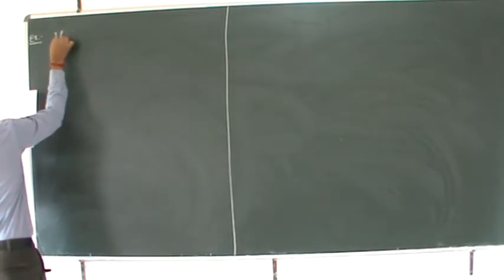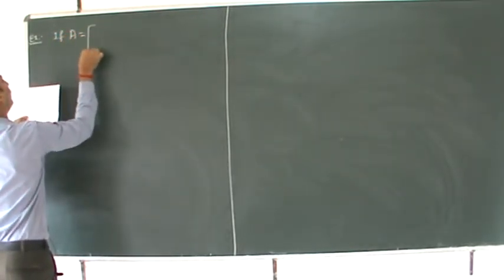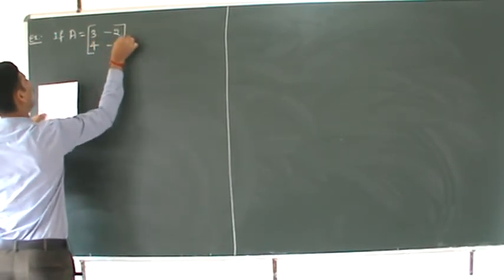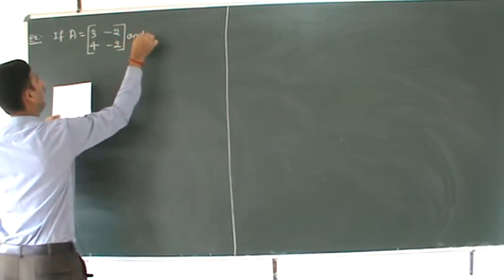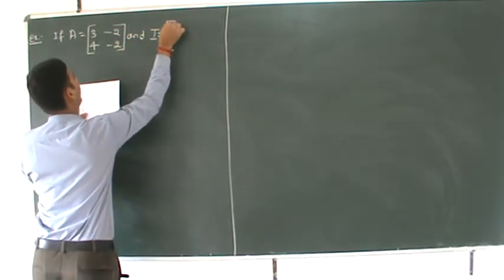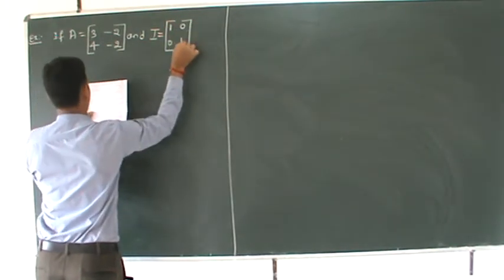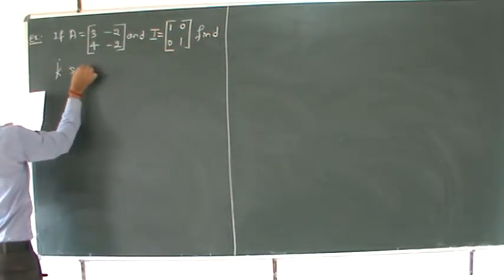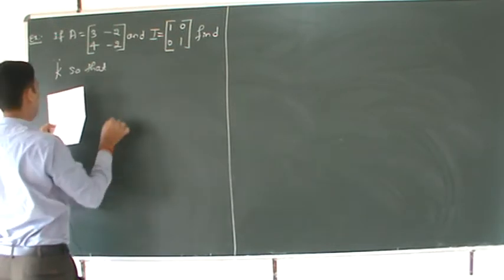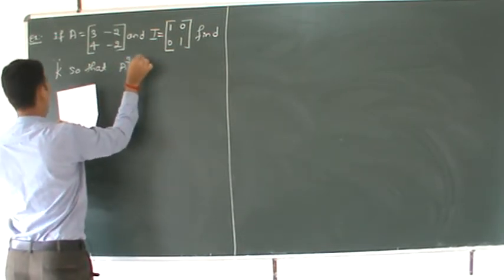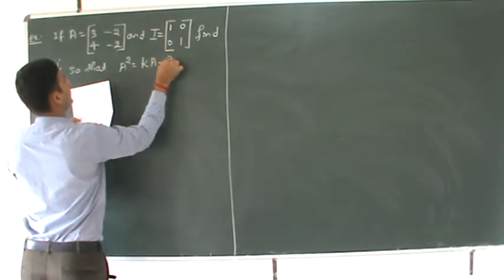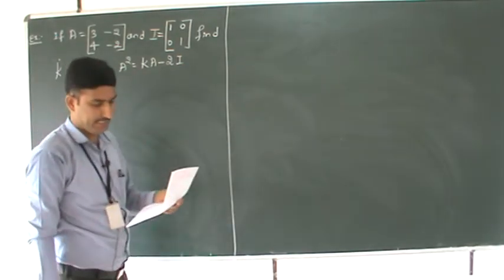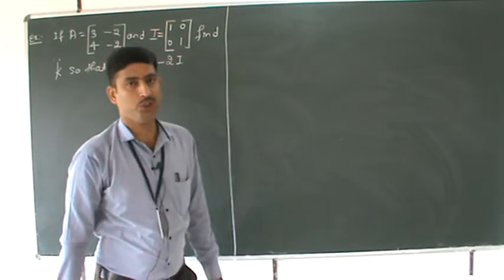If capital A is equal to the matrix 3, 4, minus 2, minus 2, and capital I is the identity matrix 1, 0, 0, 1, find k so that A squared is equal to k times A minus 2 times the identity. This is one of the questions.